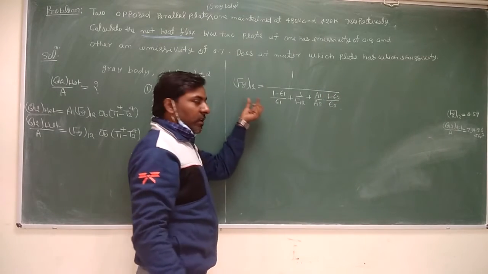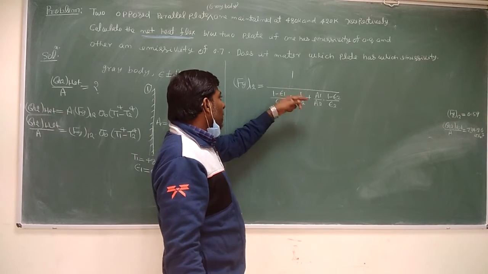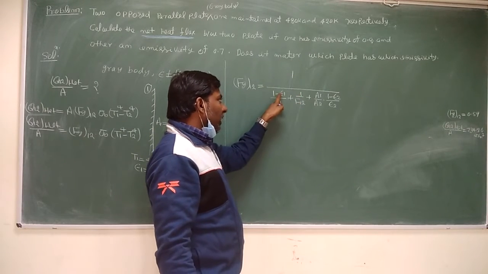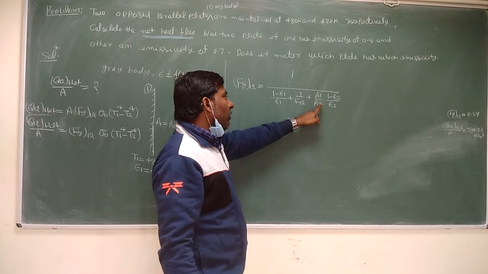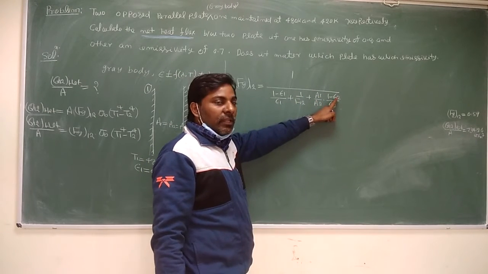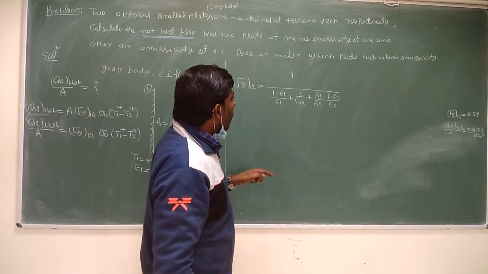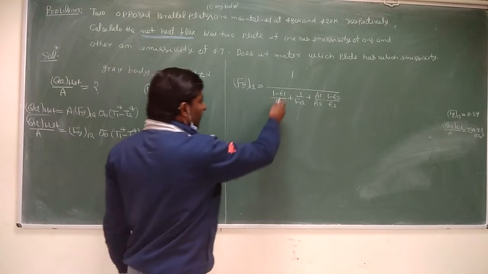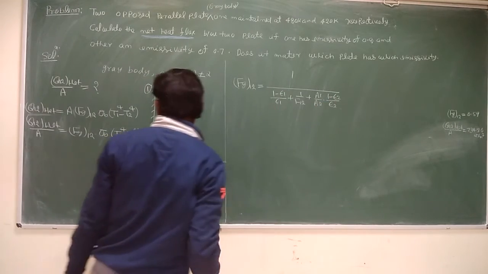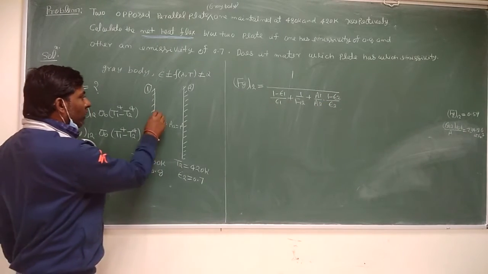This gray body factor is given by this formula. You know that A1 equals A2, and epsilon 1 is given, epsilon 2 is given. What will be the shape factor from 1 to 2?